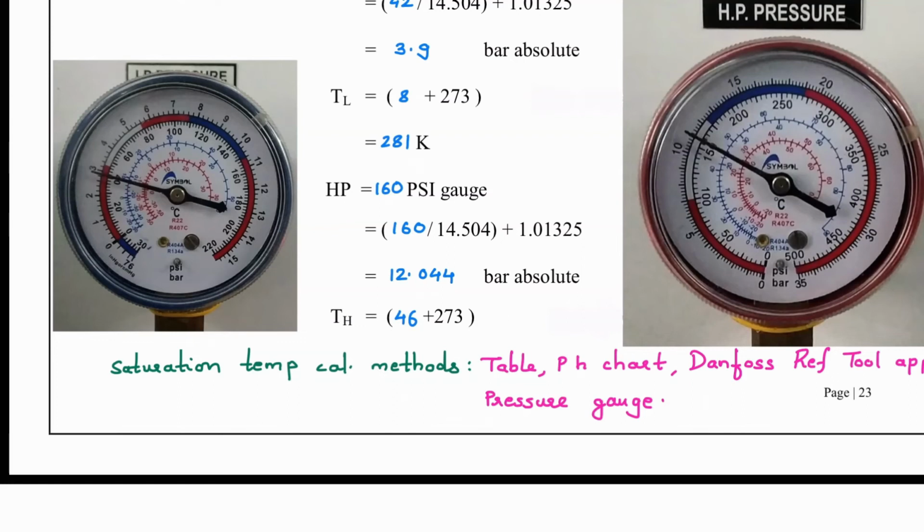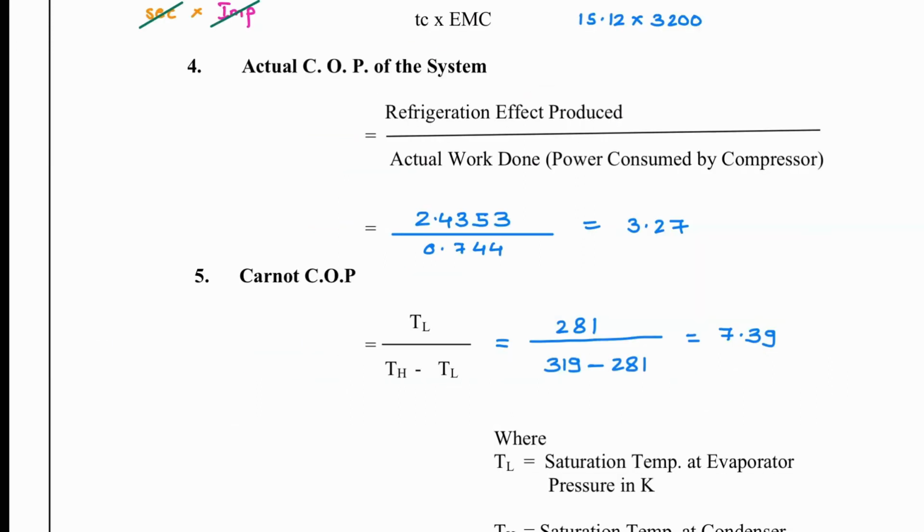But for your practical purpose, you can see the table first and then take the reference of the pH chart. By these two methods you will get the temperature. So TH is 46 plus 273. We just have to substitute this 281 Kelvin and this TH Kelvin value in Carnot COP. So Carnot COP is T low upon T high minus T low, equal to 281 divided by 319 minus 281. From here we get Carnot COP as 7.39.